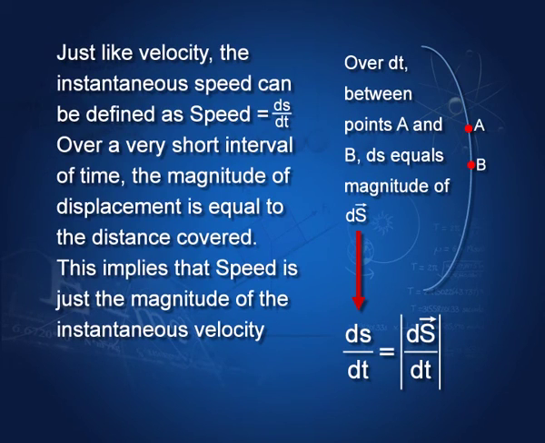Since the distance is very short, the displacement would be equal to the distance covered, and therefore, if we now find the speed, it would be equal to the magnitude of the velocity. That is, ds by dt would be equal to the magnitude of d by dt of s vector, and this means that the speed is just the magnitude of the instantaneous velocity.